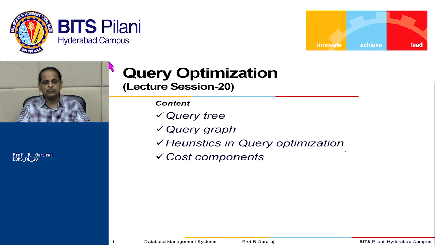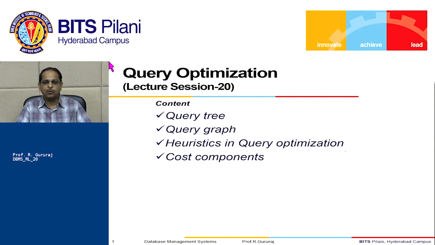Then the query is divided into query blocks, and for each query block a corresponding relational algebraic expression is generated. Then the parser will represent the query block in an intermediate format, more likely in the form of a query tree. We understand that there can be many strategies possible to execute an SQL query, and it is the job of the query optimizer to identify the most reasonable execution strategy which will be more efficient or effective.